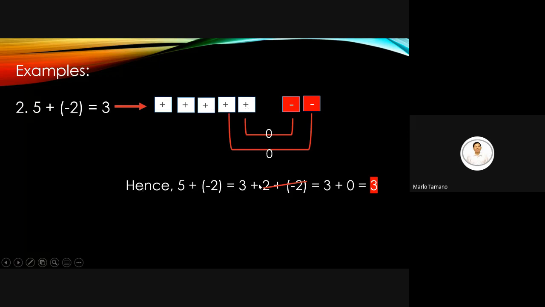Plus 1, 2 na negative tiles, yan, negative 2, equals. We will cancel the positive 2 and negative 2. Why? They are what? They are 0 pair. No? Ang naiwan na lang po ay 3. Then, of course, the cancellation or the 0 pair plus 0 is equal to 3.